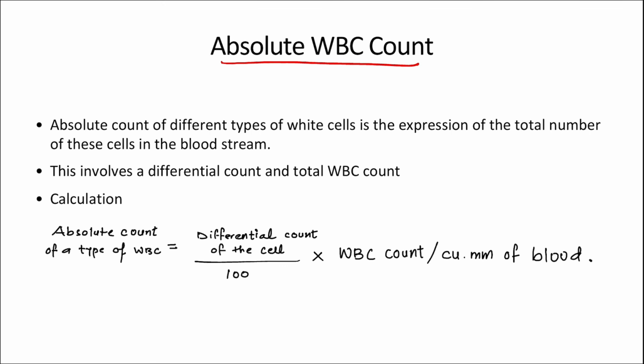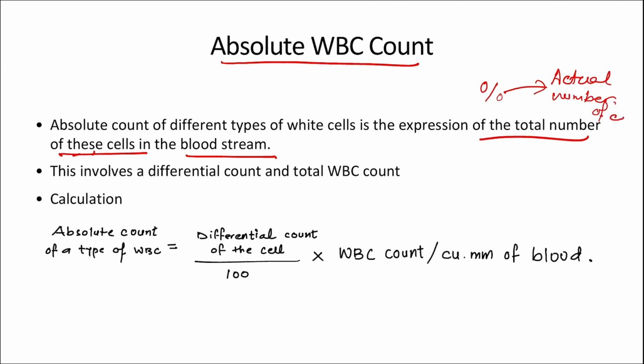The absolute count of different types of white cells is the expression of the total number of these cells in the bloodstream. In simple words, we are just converting the percentage into the actual number of cells. So this involves a differential count and total WBC count.